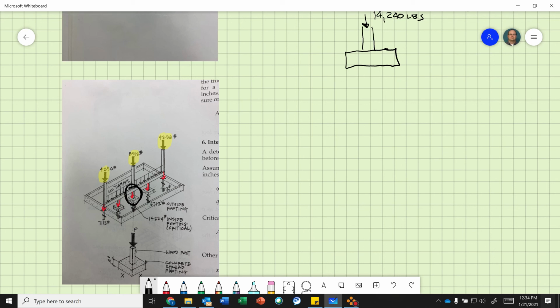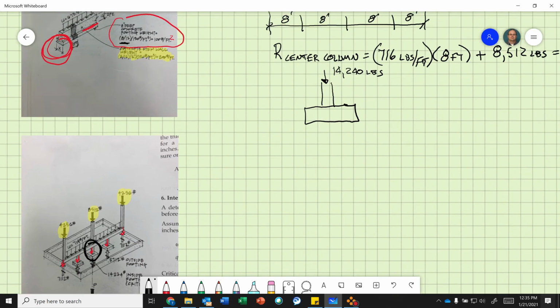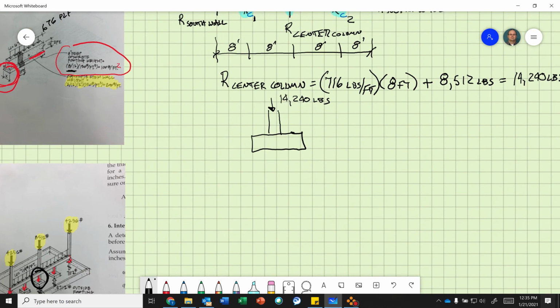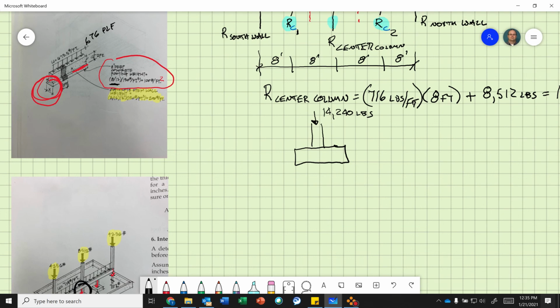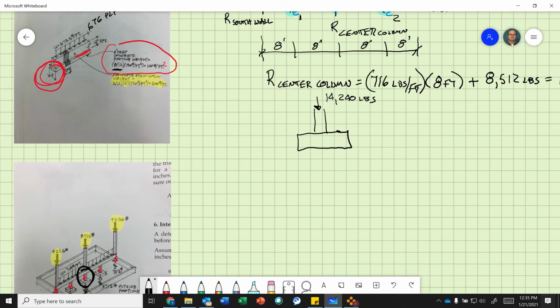The question is asking, determine the size of the interior footings. I only need the size one. And it's good practice that you don't keep changing the size of your footings for construction. You think you're saving money by saving material. You're not, because it takes longer to form up the work. So if you keep them all the same size, use the worst case scenario, it makes life easier. You'll actually save money.